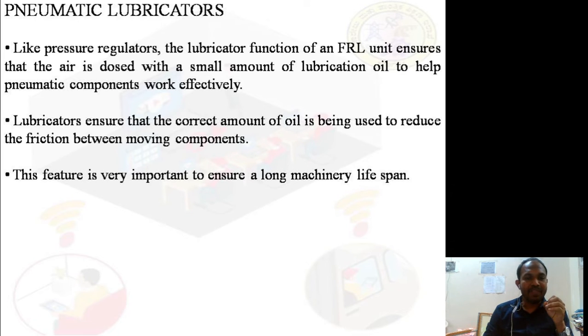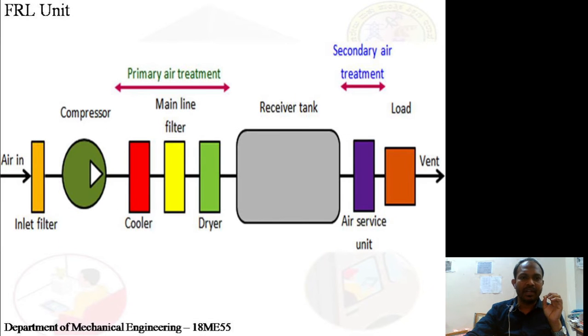So this also increases the life of the pneumatic systems. Whether it is a filter, a regulator or a lubrication system, these three are very much essential to increase the lifespan and working condition of pneumatic systems. Now I just want to give you one image where the movement of this system will be shown.